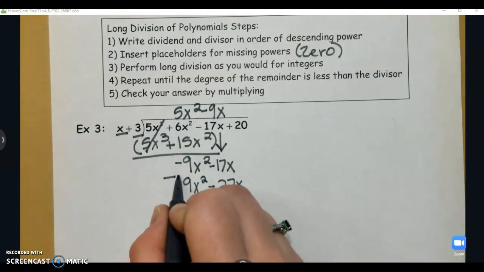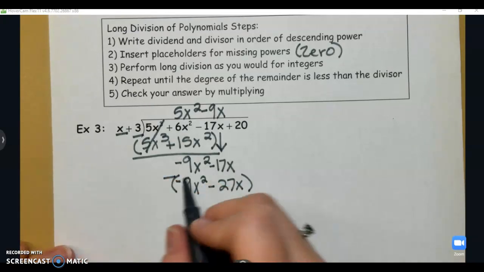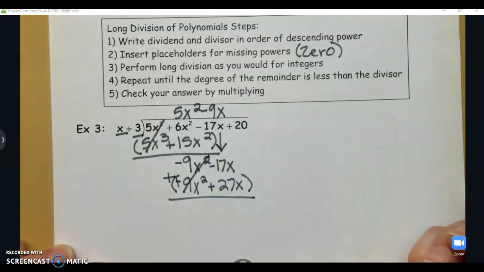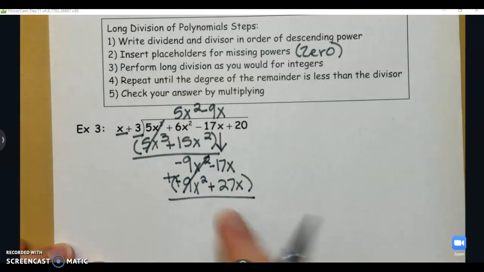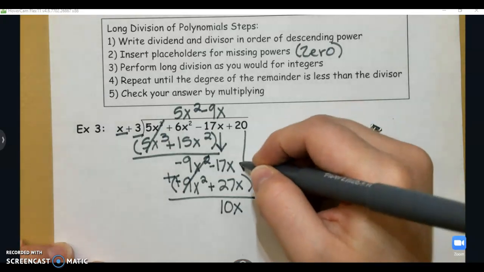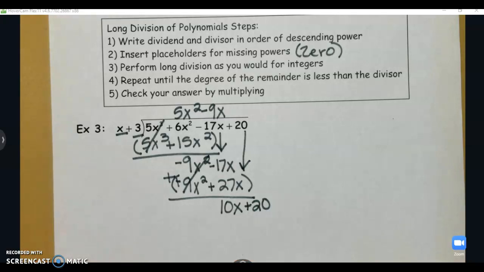So we're going to subtract that binomial, which means when you're distributing the negative, they're going to become positive. So your 9x squareds cancel, and now we have negative 17x plus 27x, which leaves us with leftover 10x. Then I'm going to bring down my next piece of my dividend, which is 20.